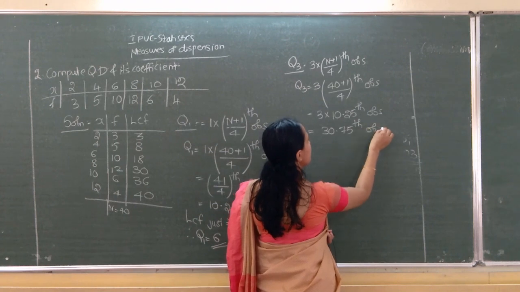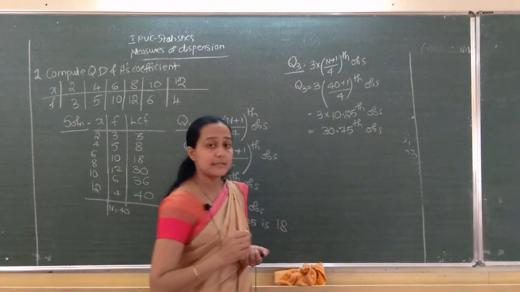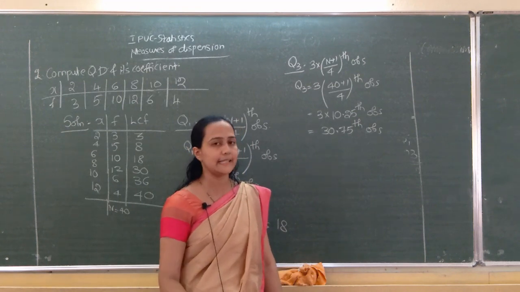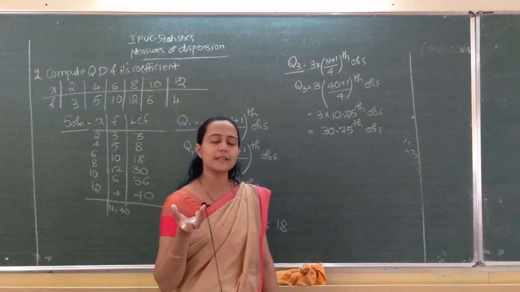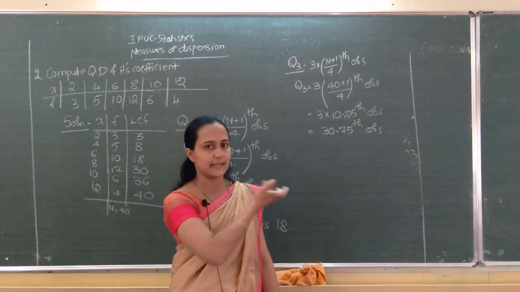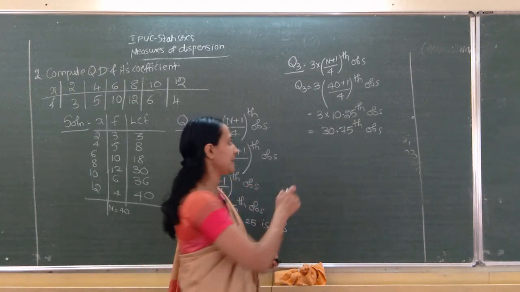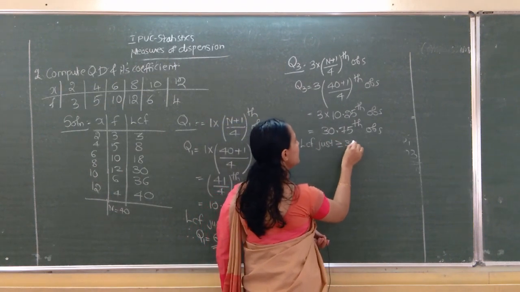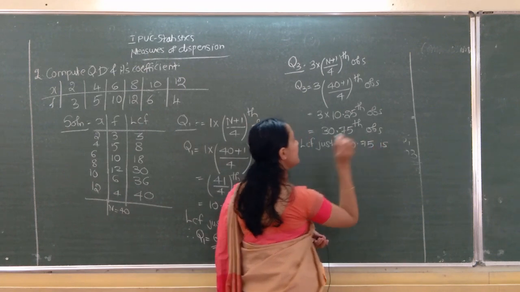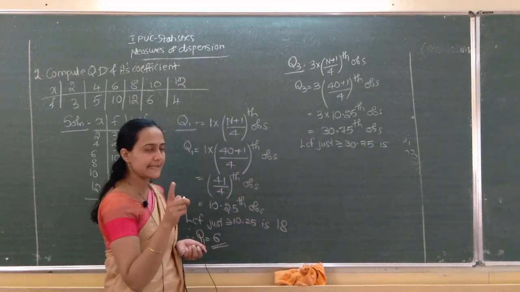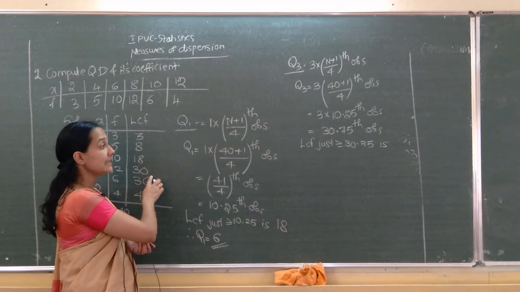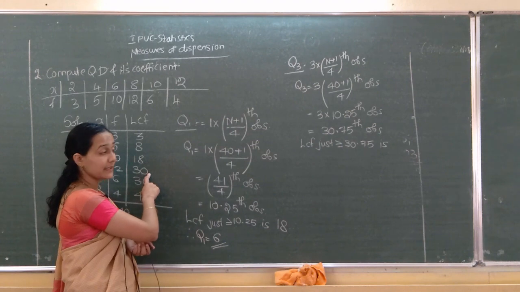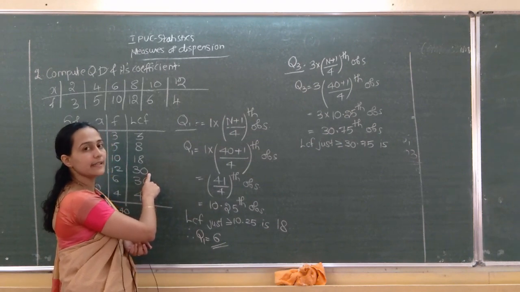The 30.75th observation. Again, no need to compute 30 plus 0.7; just find the less than cumulative frequency which is just greater than or equal to 30.75. Here 30 is there, but we are not considering that one because it is less than 30.75.